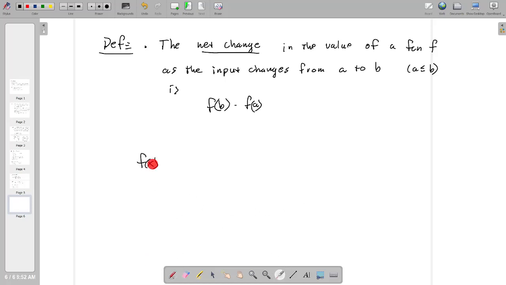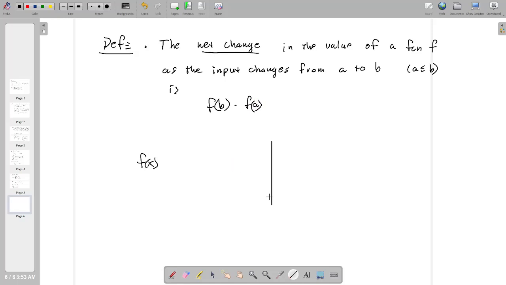We have a variable in the domain, and this variable is moving its way through the domain. So as our x changes from one number to another number, the output will also change. That's what we're talking about here, the net change. How far does the output change when our input changes from a to b? That ends up being just f of b minus f of a. You just subtract the outputs.